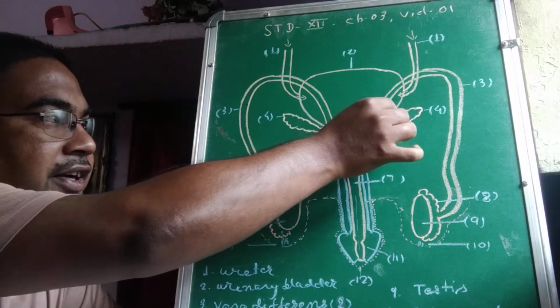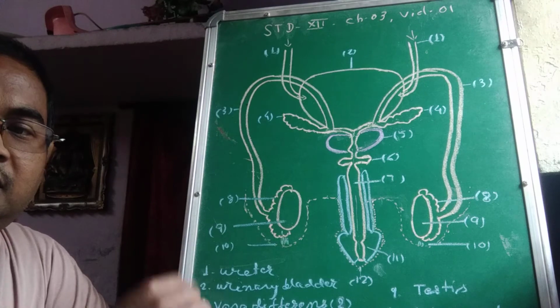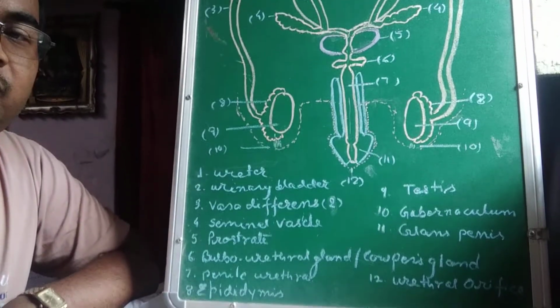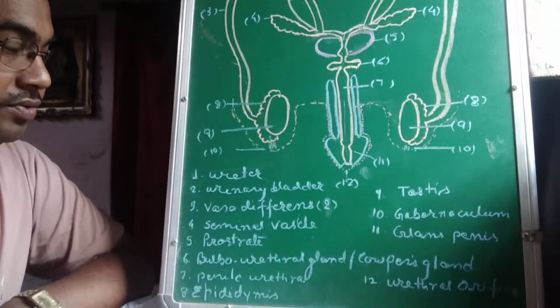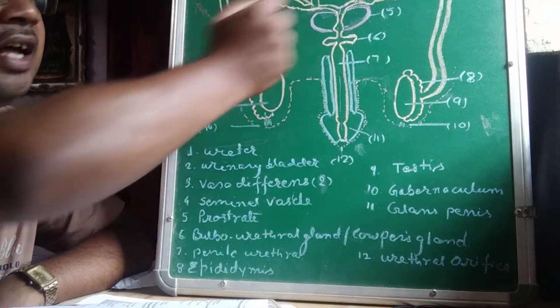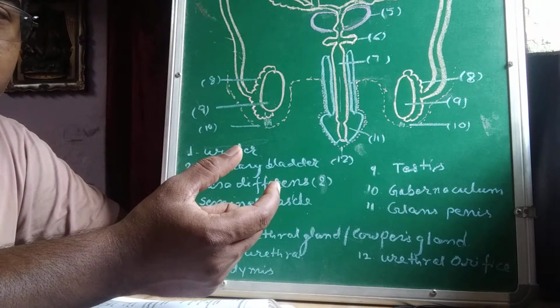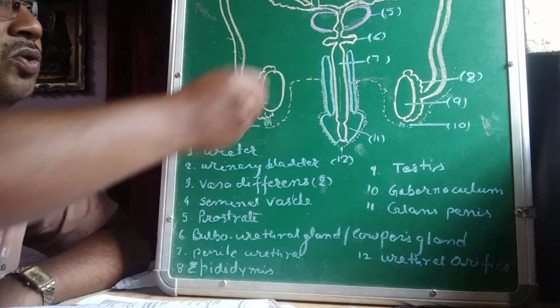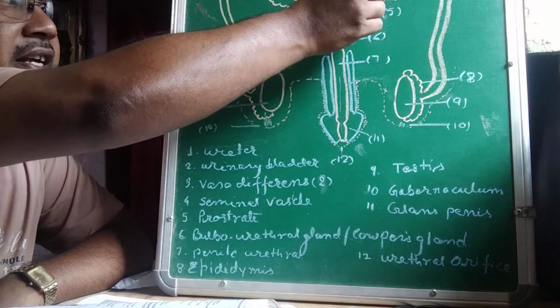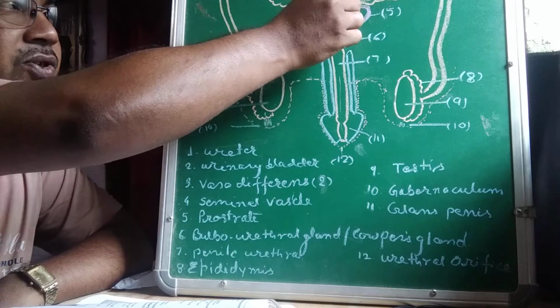Here they are connected with the seminal vesicle, number 4. The seminal vesicle has the duty to produce certain chemicals which provide nourishment to the sperm. So now from this area, along with the sperm, the seminal fluid will pass through this side.